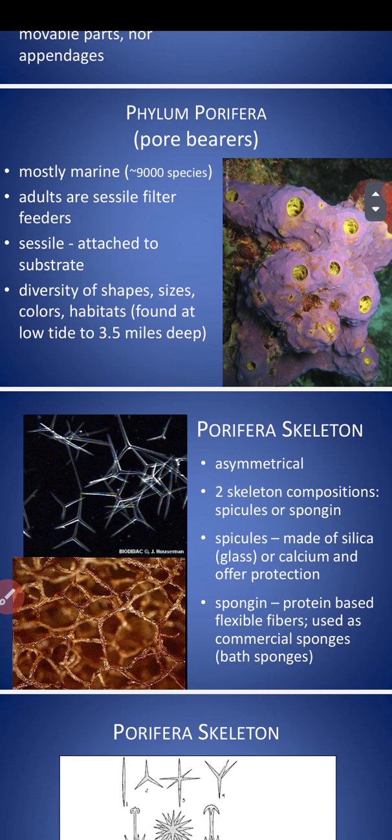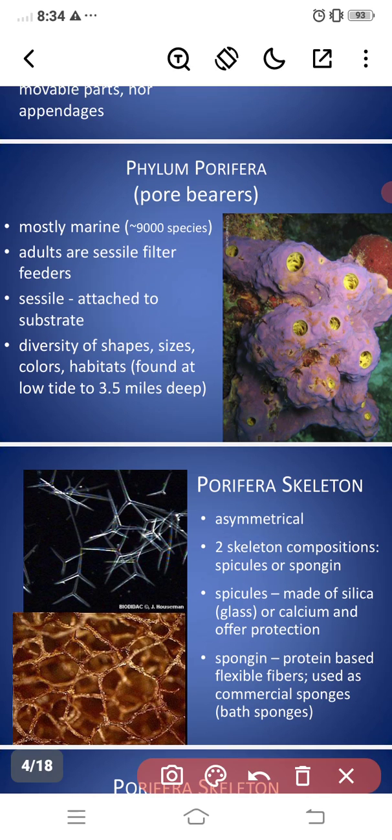Approximately 9,000 species are present, and these are divided into approximately three classes. Adults are sessile filter feeders. Filter feeder, what does it mean? It means that they are sessile, not moving animals.